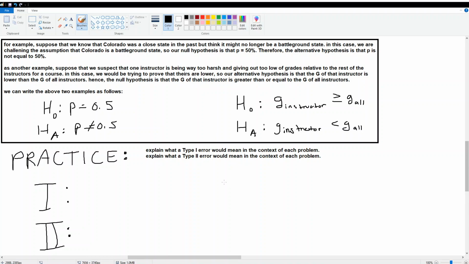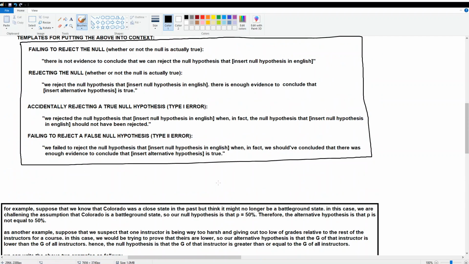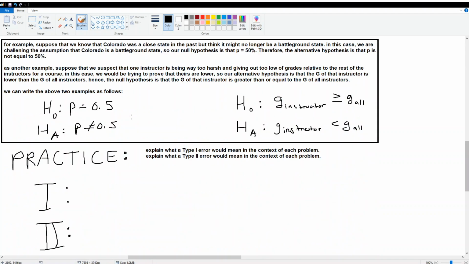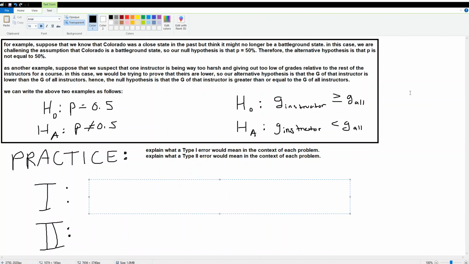Okay, let's go ahead and go over it. We recall a type 1 is rejecting when we shouldn't have. In the case of the Colorado example, we would say that we rejected the null hypothesis that Colorado is a battleground state, when in fact we should not have rejected this null hypothesis.